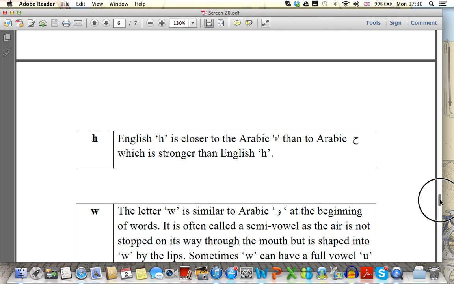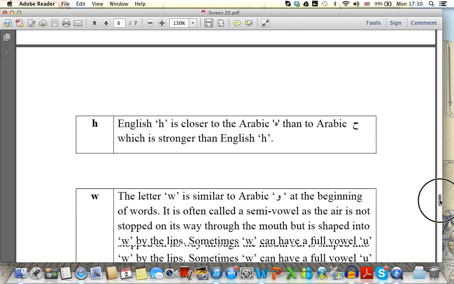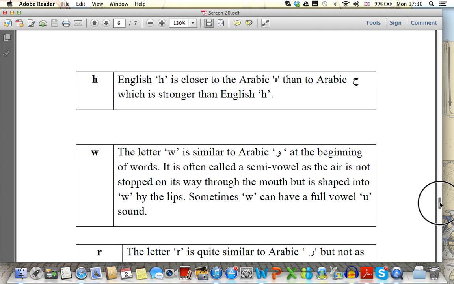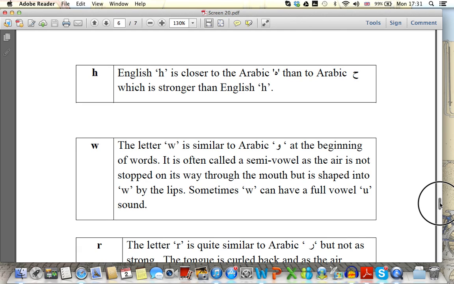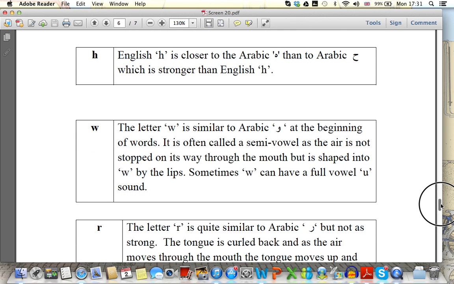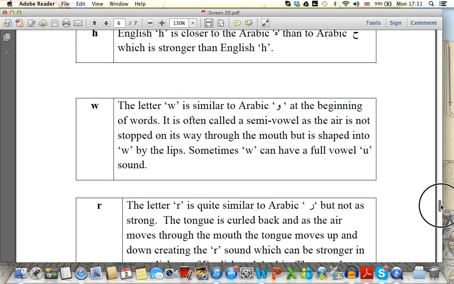H in English is closer to the softer Arabic ha rather than the harder ha, and should not be a problem. The letter W, wow, is similar to Arabic wa at the end of words, and it's often called a semi-vowel. Sometimes it can be confusing to tell the difference between a wa and u.